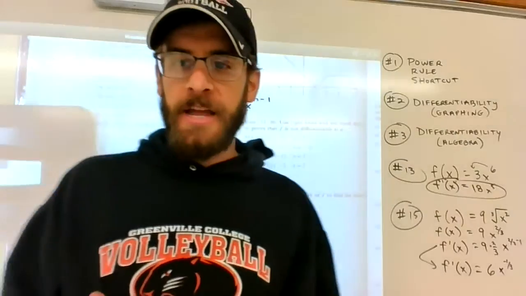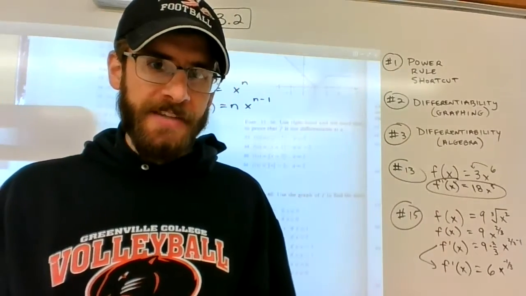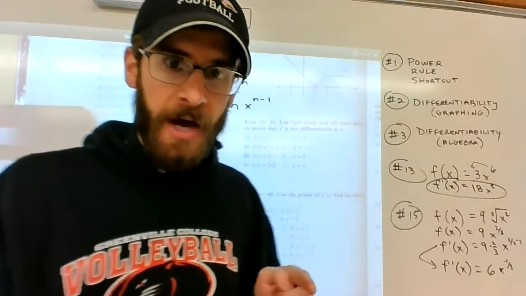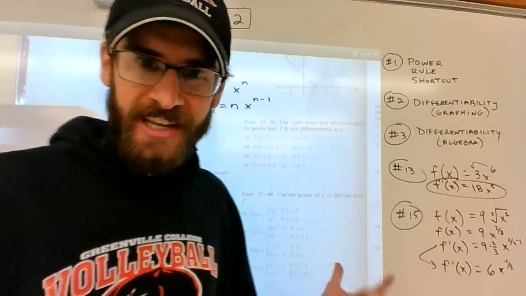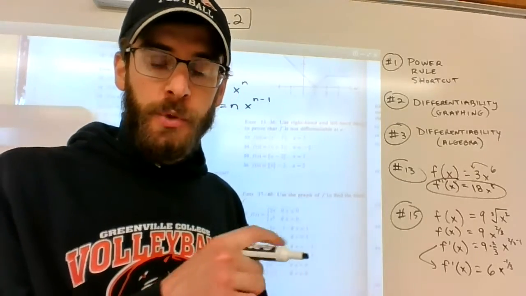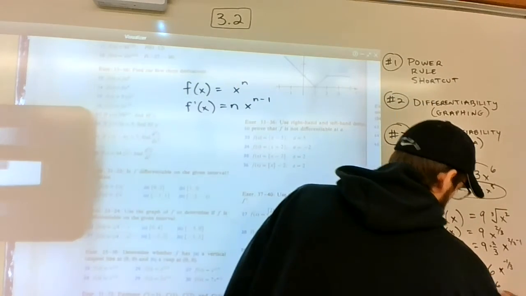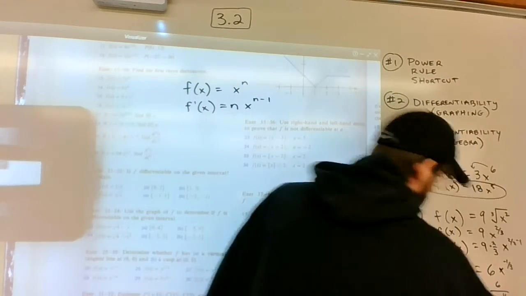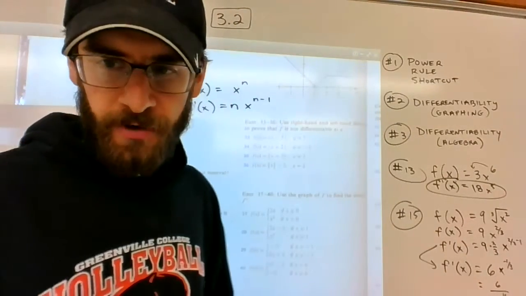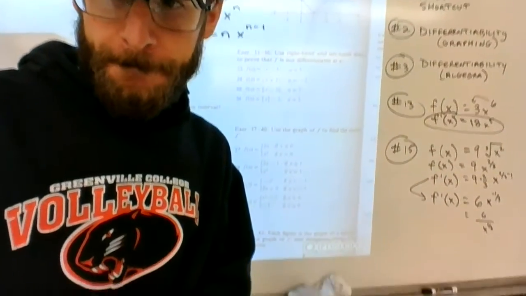And then just keep in mind that we can rewrite this as a positive exponent by moving it to the bottom part of the fraction. Now the fraction isn't really present right now, but you can create the fraction by simply placing the x to the 1/3 on the bottom. Like that.